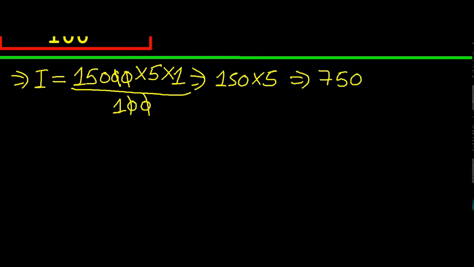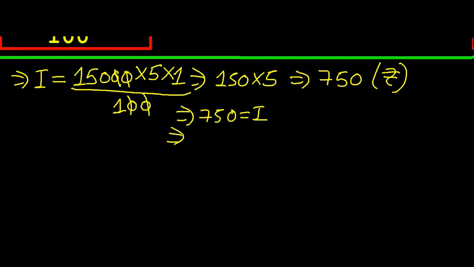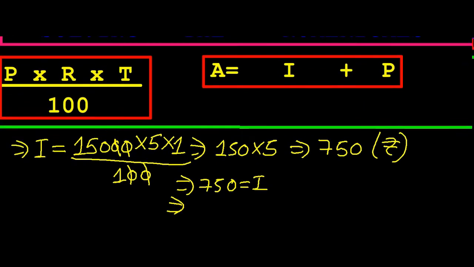Actually I am doing all the calculation in rupees. So 750 is the interest charged for the first year. And now for the second year, first we have to find the amount. Amount is equal to interest plus principal.